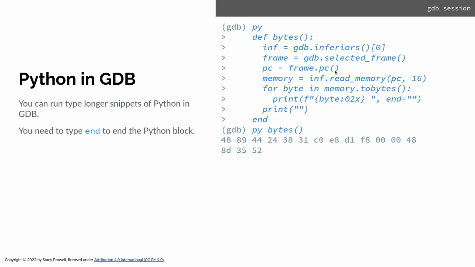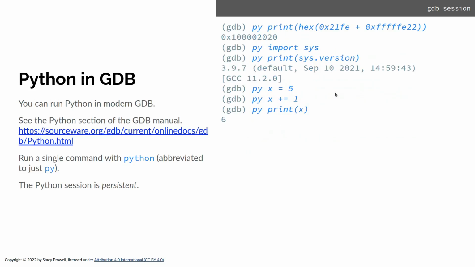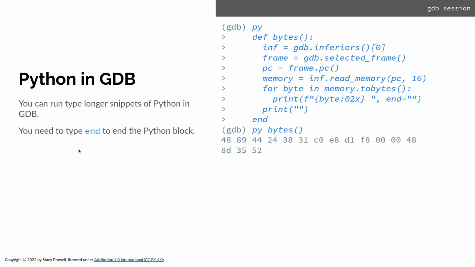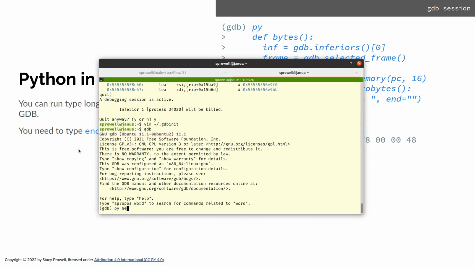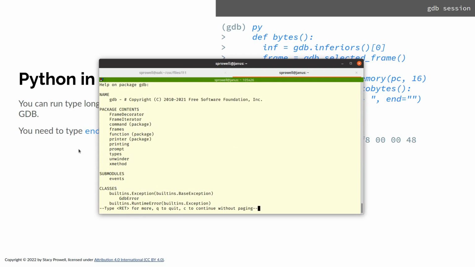That's a lot of stuff going on in here, but this is all well documented here in the Python documentation that's part of the GDB documentation. And in addition, it's worth pointing out you can do this.